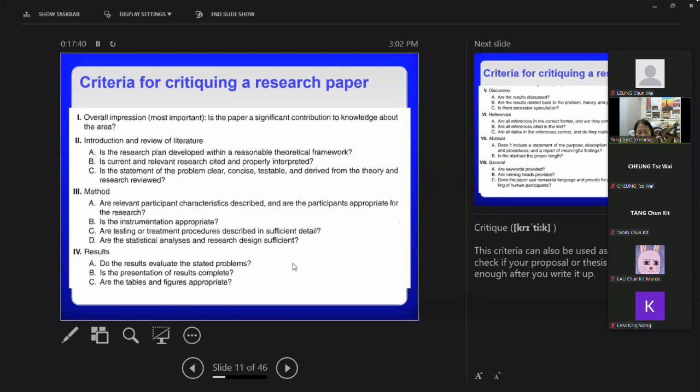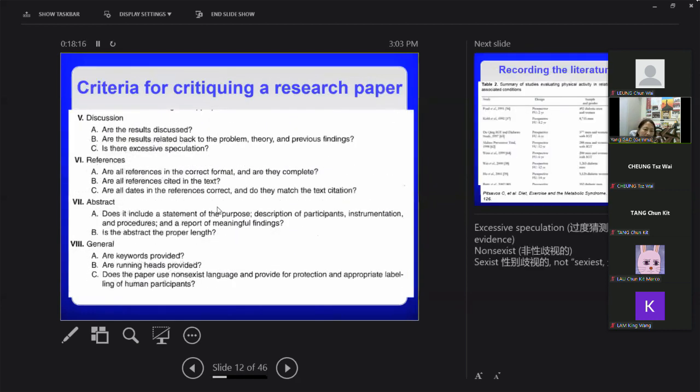The results should help to address the research problem and all the research objectives. If it is a quantitative study or original study, the author should apply tables and figures to explain the results. It's maybe the best way to present the results.